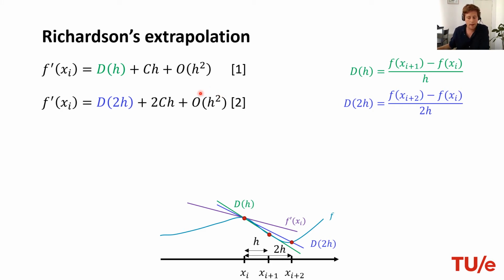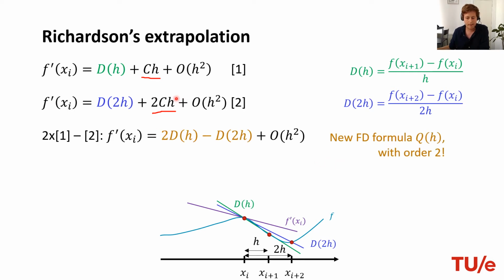Okay, so now let's try to see whether we can get rid of these error terms of order h. So this is an error term of order h, and this is also an error term of order h. We can do this by combining formulas 1 and 2 in the following way. If we take twice the first line and subtract from that the second line, we come up with the following.